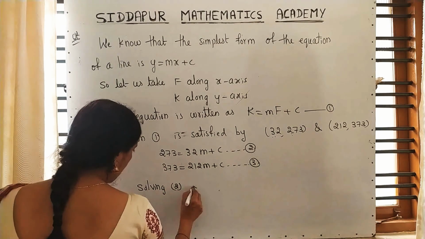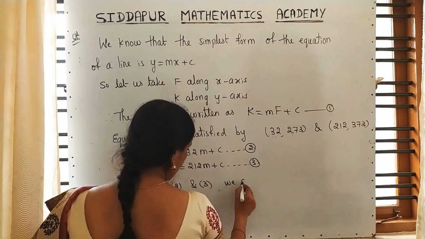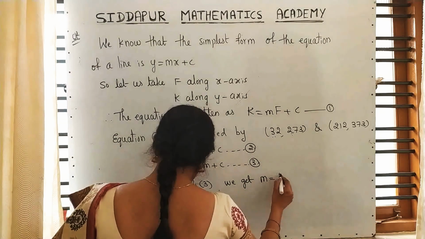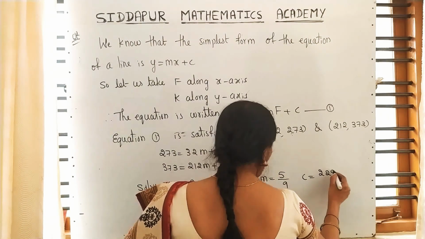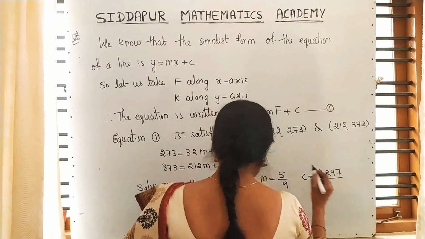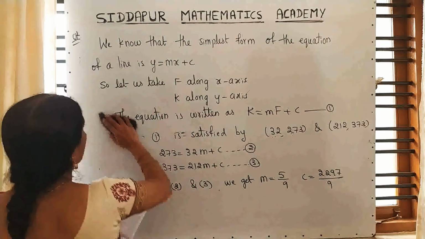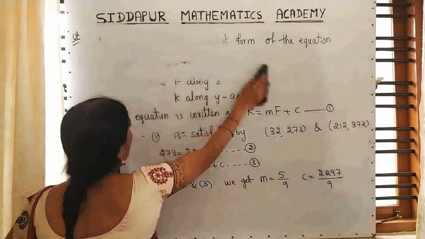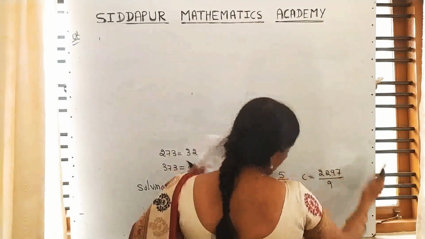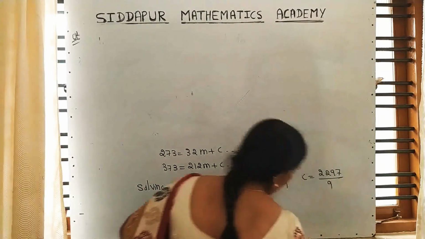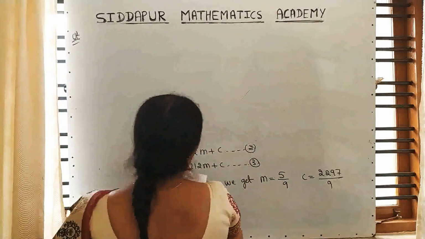Solving 2 and 3, they are just like simultaneous equations. We get m is equal to 5 upon 9 and c is equal to 2297 divided by 9. Now write down these values in equation 1, by substituting these values in equation 1. Equation 1 is a standard form of a linear equation.